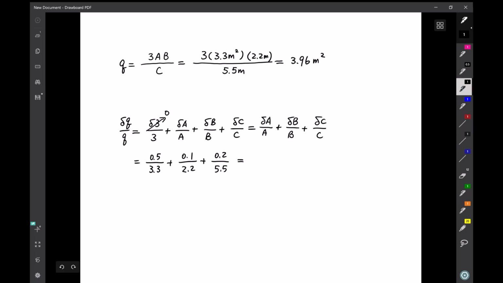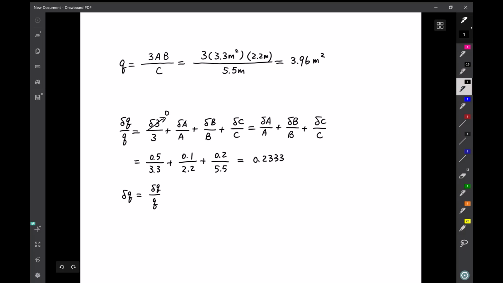You calculate this out and you got 0.2333. Keep many digits here.